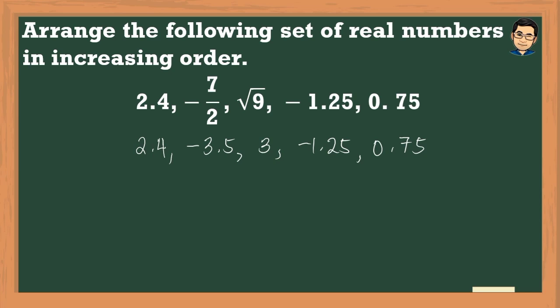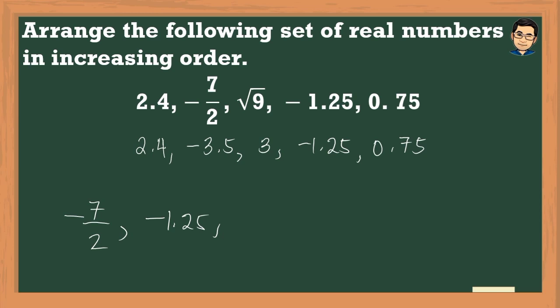So, i-arrange natin yung real numbers in increasing order. So, ang mauna po dito, yung pinakamababa is yung mga may negative sign. So, negative 3.5 saka negative 1.25. Alin ang mas mababa sa dalawa na yan? Of course, yung negative 3.5. So, sulat lang natin as negative 7 over 2. And then, negative 1.25. Next, 2.4, 3, tsaka 0.75.